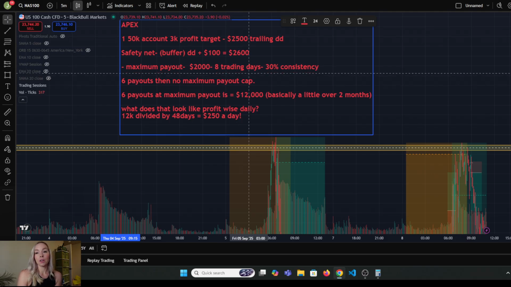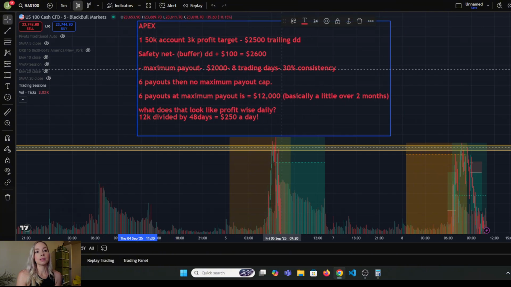There is a $50 minimum for it to count as a trading day, and we know that there's a 30% consistency rule. The 30% consistency rule isn't going to necessarily come into play as of yet, and I'll explain that later as to why. So we know that if we get 6 payouts, then there's no maximum payout cap, right?